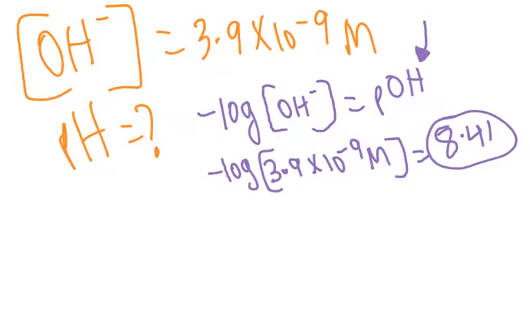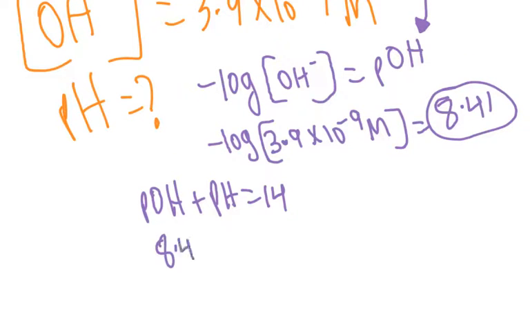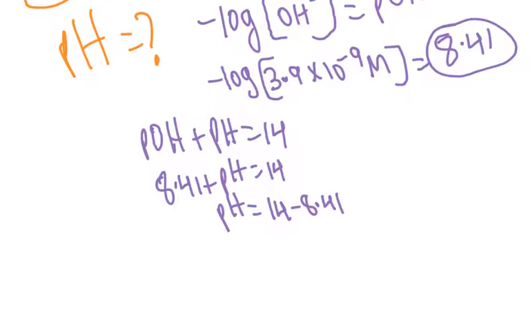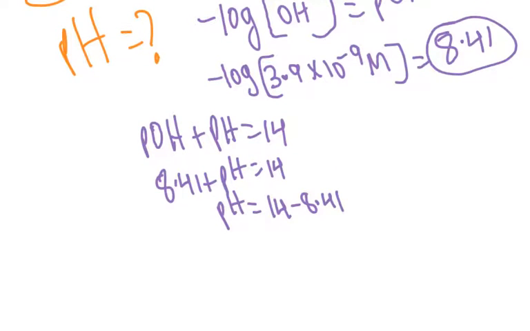So we have to write out the equation we just did above: the pOH plus the pH has to equal 14. That means 8.41 plus the pH that we're trying to find is equal to 14. So the pH is going to be 14 minus 8.41, which is about 5.59.